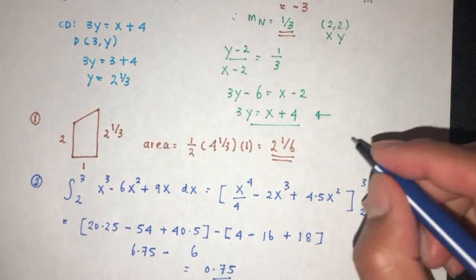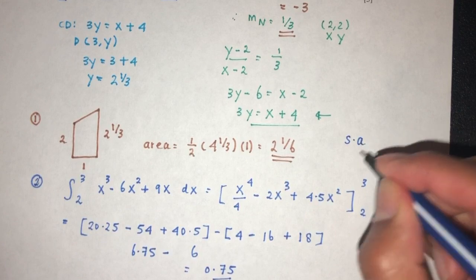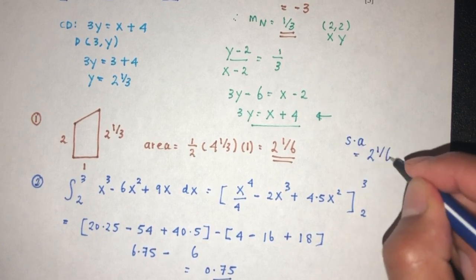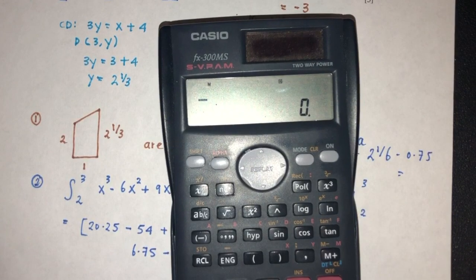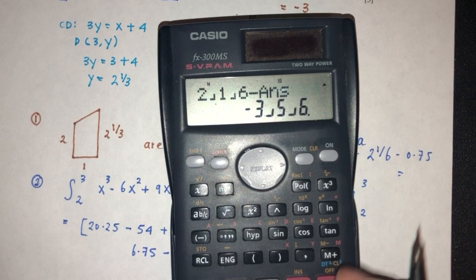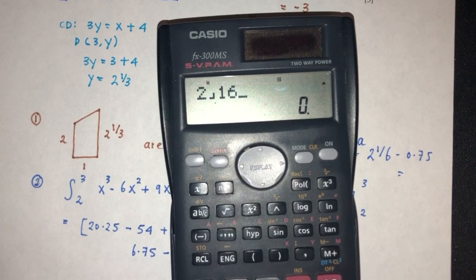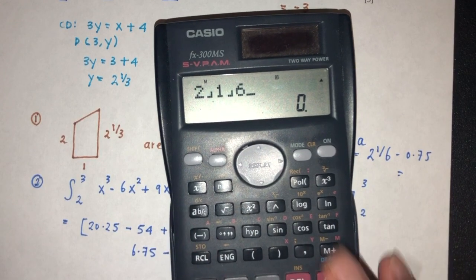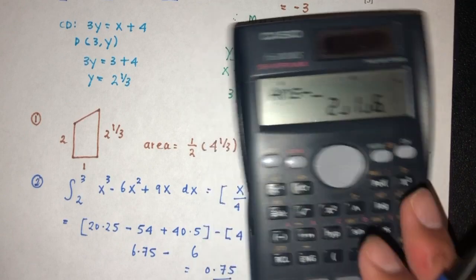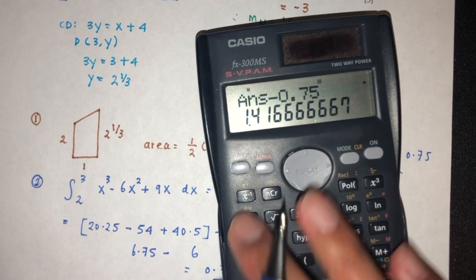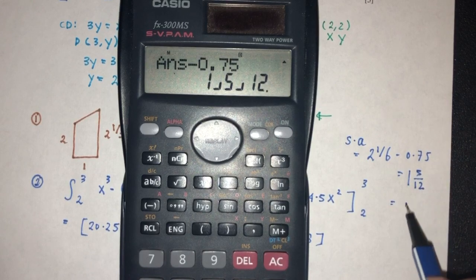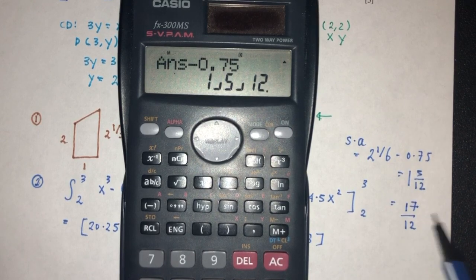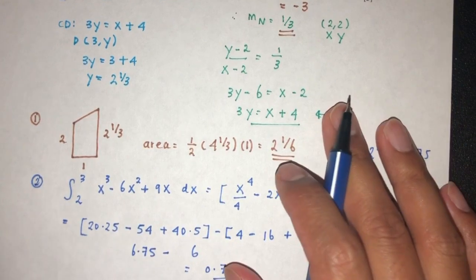So finally, the area that we want, it is 2 1/6 minus 0.75, which should be 1 5/12, or 17/12 units squared for the area value.